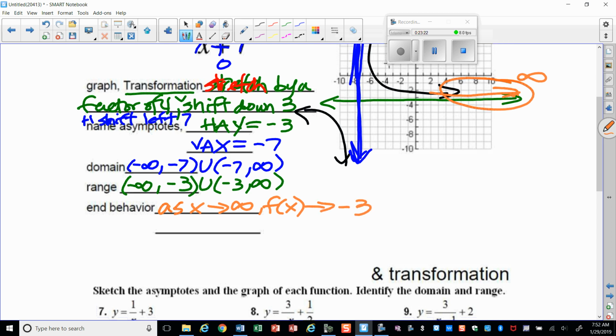It's approaching the horizontal asymptote. And if I look as x approaches -infinity, the function f of x, that's over here, is also approaching -3. It's the same thing on both sides. These are both approaching the horizontal asymptote.